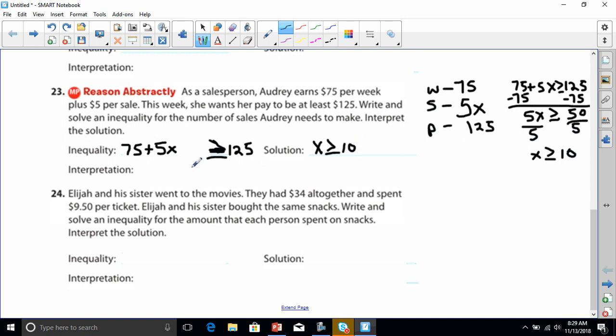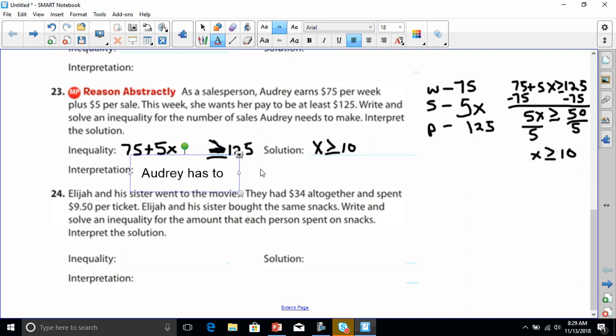The last part is the interpretation. Interpretation I'm going to type out here. Interpretation simply states, let's see, Audrey has to sell at least 10 items to earn $125.